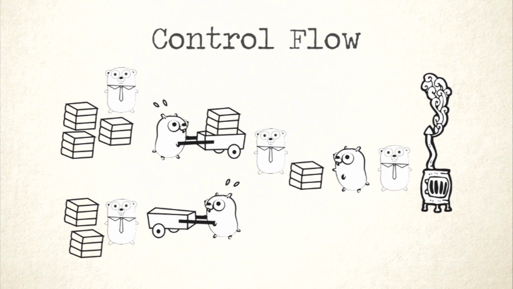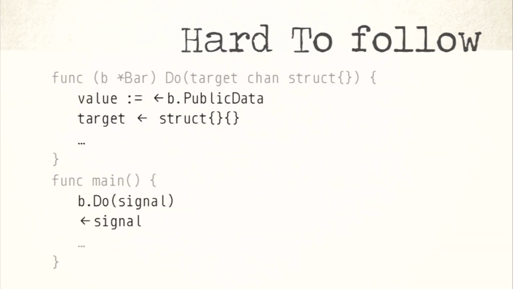In this model, at each stage, some piece of control flow must take place, and it becomes very difficult to follow the sequence of events that is occurring. For example, to hand over a piece of work in such a scheme, a manager must be consulted, then the work's directed somewhere, and finally the manager tells the Gopher what to do with its work. And that's hard to follow, and that's hard to follow in code too.